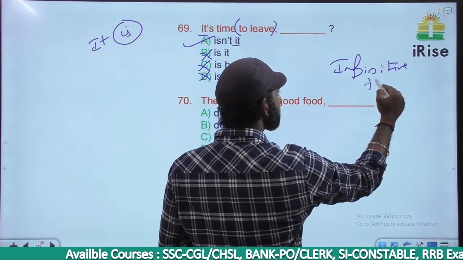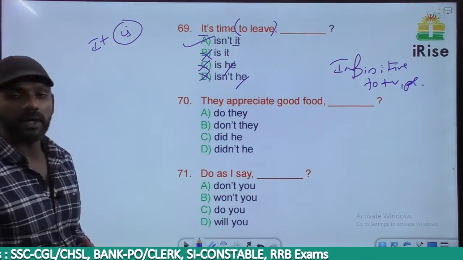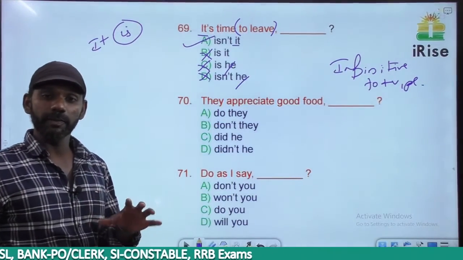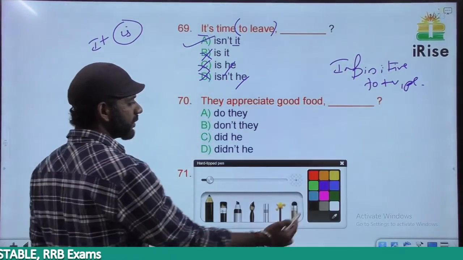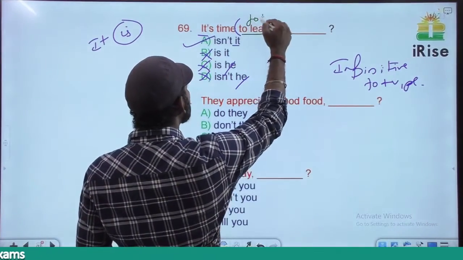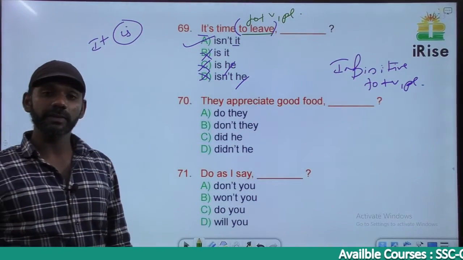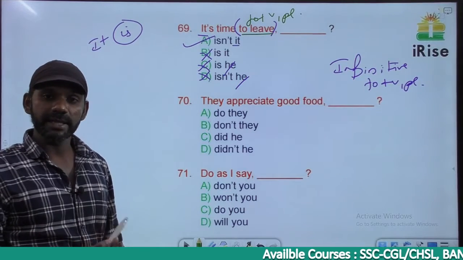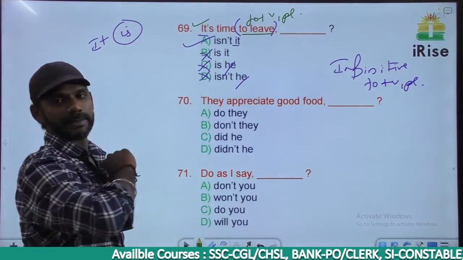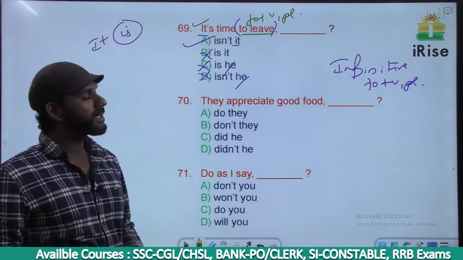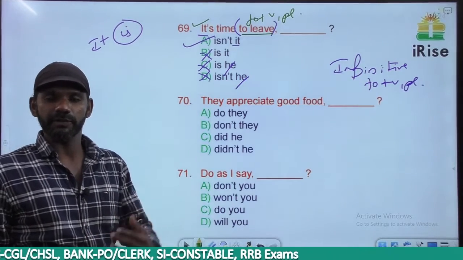And infinitive is to plus V1 plural. So it is time must be followed by an infinitive. It is time to leave. Now to leave is to plus V1 plural. Leave is V1 plural and to plus V1 plural is termed as infinitive. That rule is completely fine. This statement is grammatically correct. It's time to leave. Isn't it means isn't it time to leave?